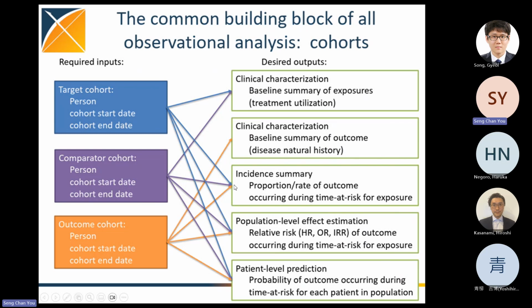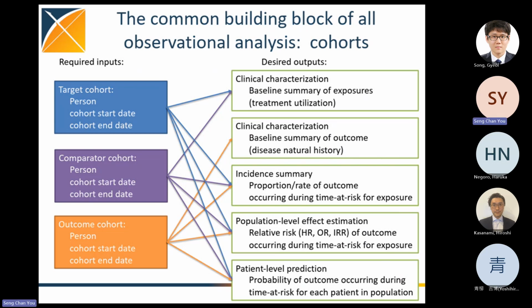If you want to conduct a population-level effect estimation, which I showed you, like comparing Ticagrelor versus Clopidogrel for certain outcomes, then we need target cohorts, comparator cohorts, and outcome cohorts. The target would be patients using Ticagrelor, the comparator would be the Clopidogrel cohort, and the outcome can be acute myocardial infarction, stroke, or bleeding events.